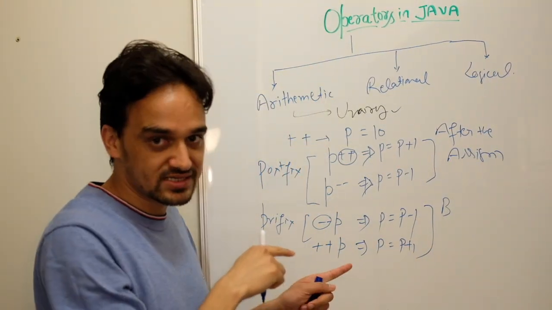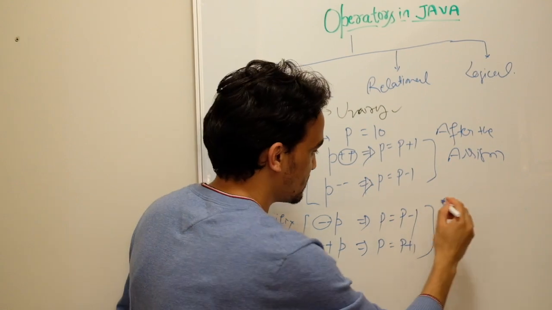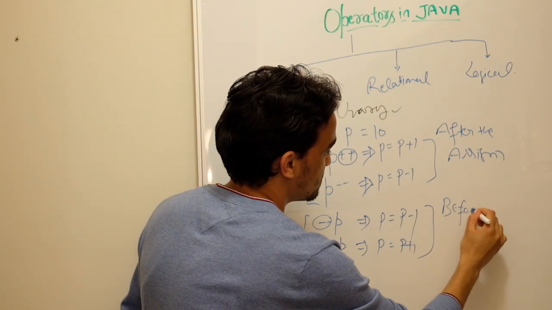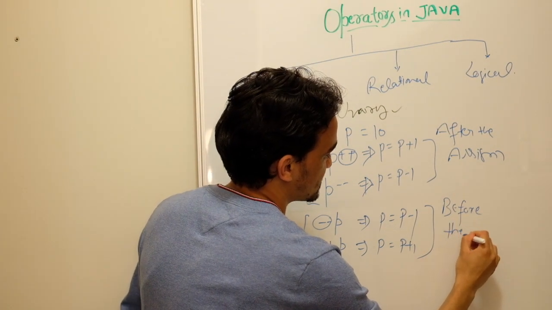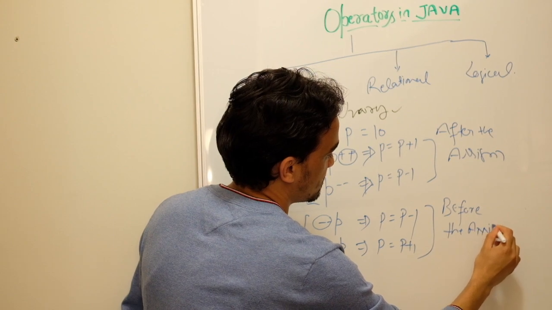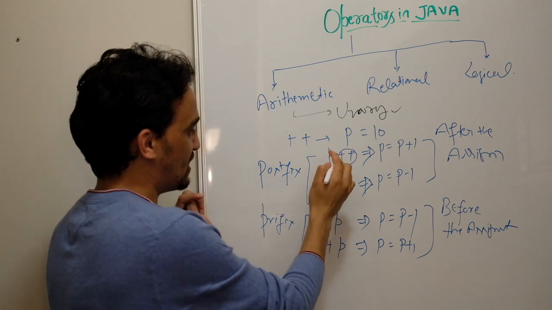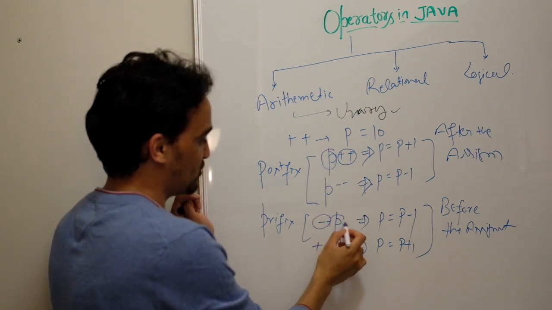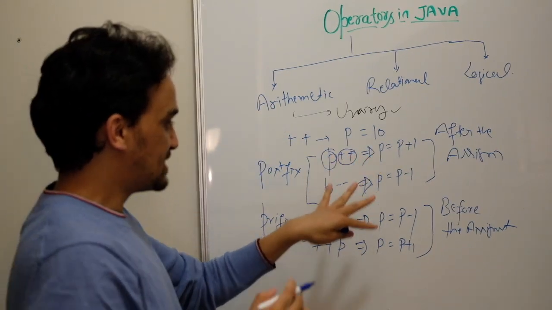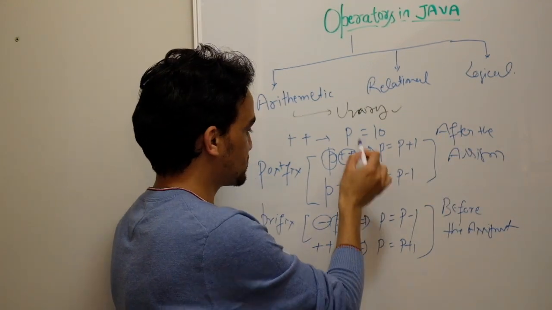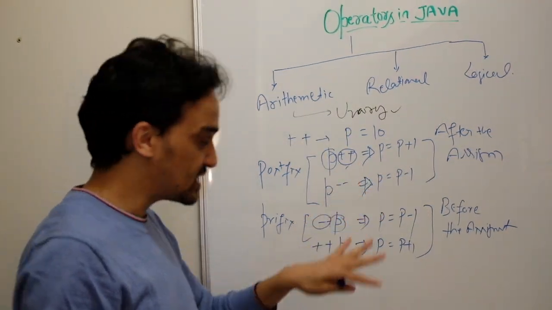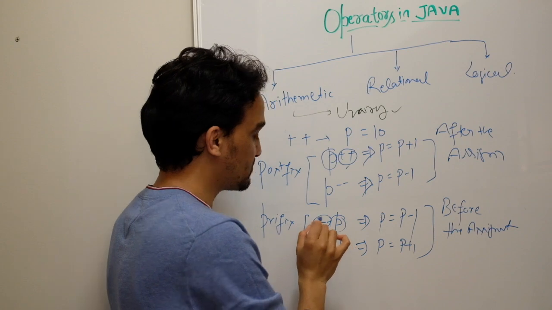We are going to take an example to understand this more, so don't worry. So the value of p will change after the assignment in the postfix case, and before the assignment in the prefix case.